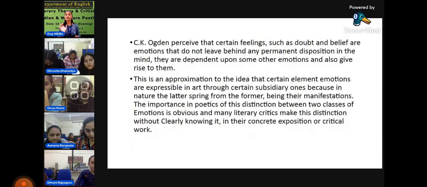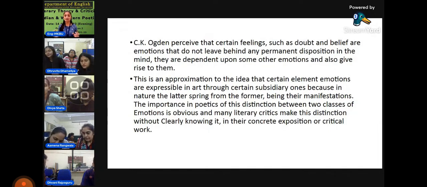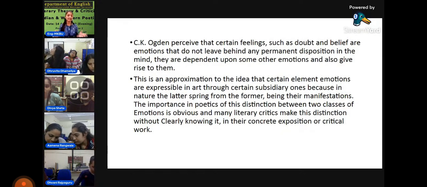According to C.K. Ogden, certain feelings, such as doubt and belief, are emotions that do not leave behind any permanent dispositions in the mind. They depend upon some emotion that gives rise to them, and in art, through a certain sensibility, the latter springs from the former. Many literary critics make these distinctions without clearly knowing it.